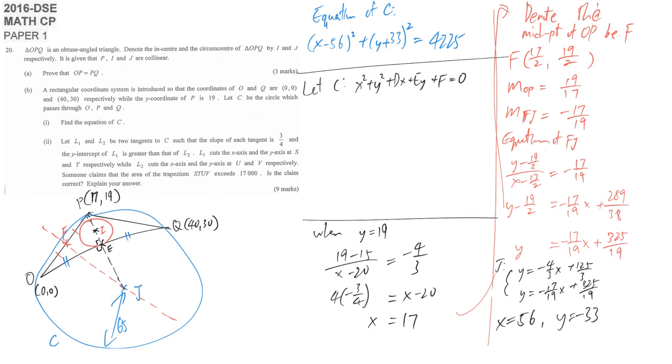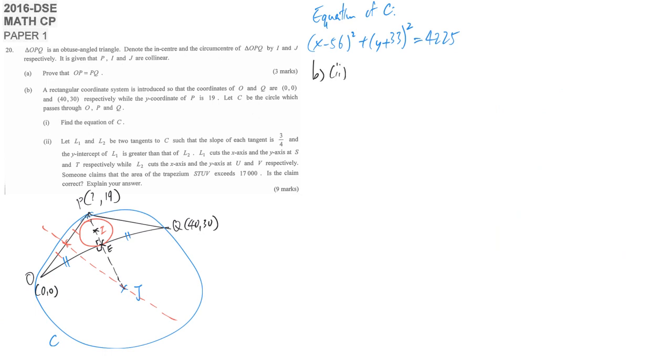If you replace both x and y by 0, since it passes through the origin, you will find that f is also equal to 0. So it is simplified to this formula. And then you may just substitute these 2 points and solve the simultaneous equations. You get the answer also. I use this method just because it is the first method that came to my mind. And this method is useful even when the circle does not pass through the origin.